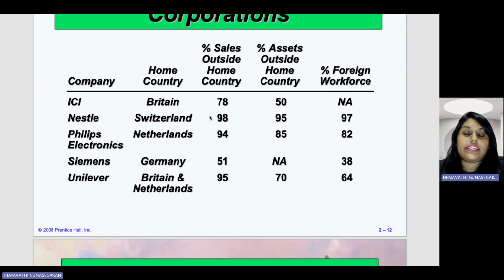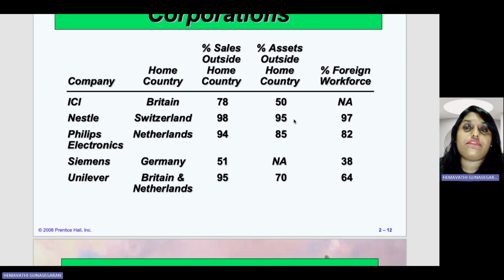The remaining 98% is from outside countries, countries like Malaysia, China, and Indonesia. We are the ones supporting that particular company. We are the ones generating sales for that company. And when we look at their percentage of assets outside the home country, 95% of their assets are in various countries apart from Switzerland, which means only 5% is in Switzerland.